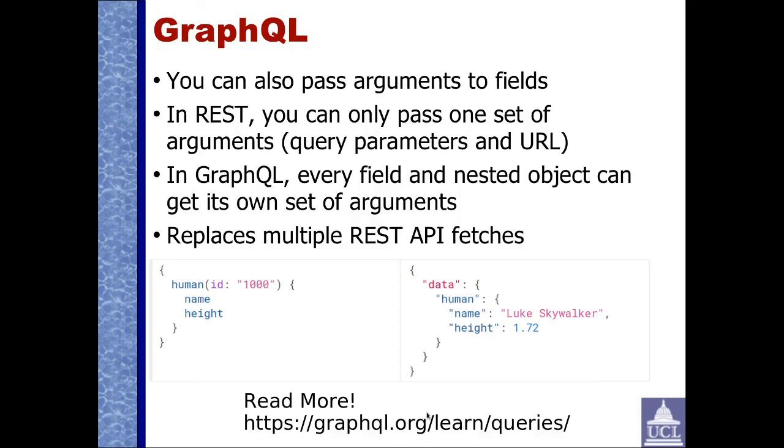So take a look at this website which describes the GraphQL language, and again there are libraries available for most programming languages that allow you to implement this within a CGI script and to implement client code that can deal with these sorts of things very easily.